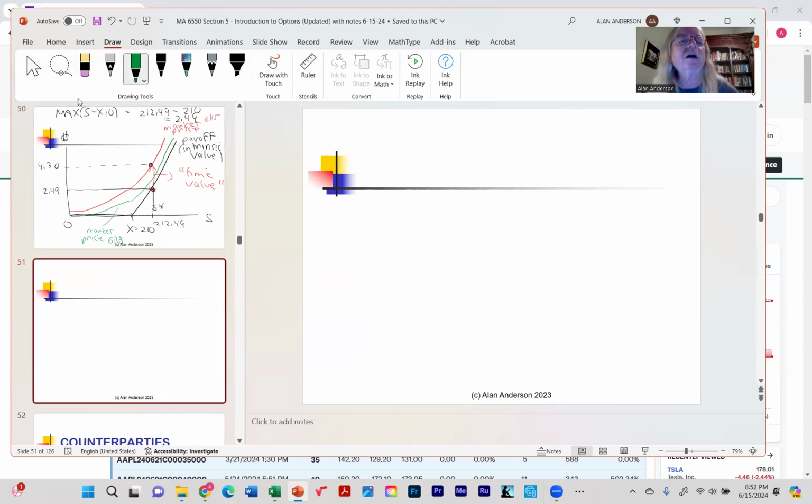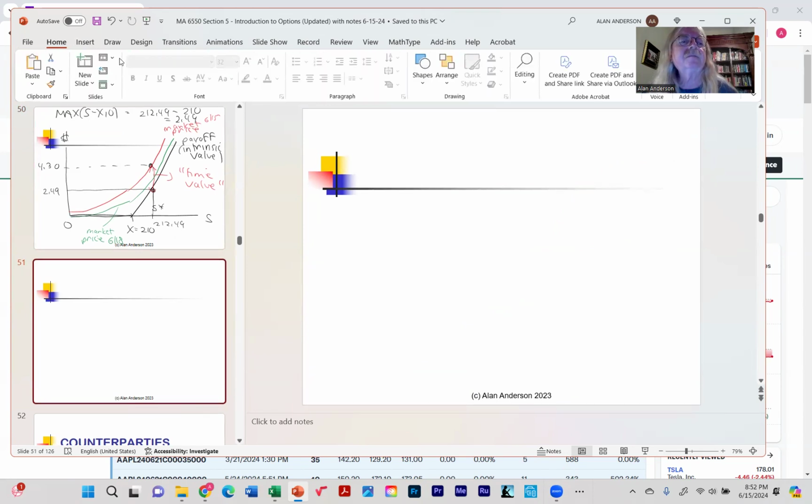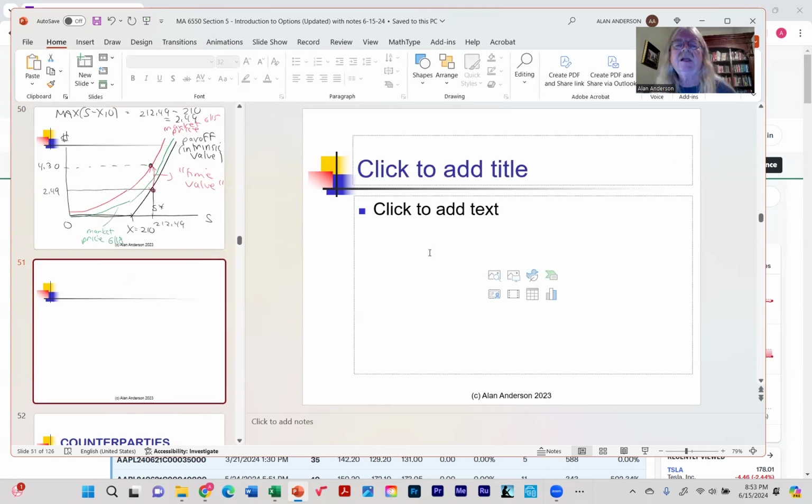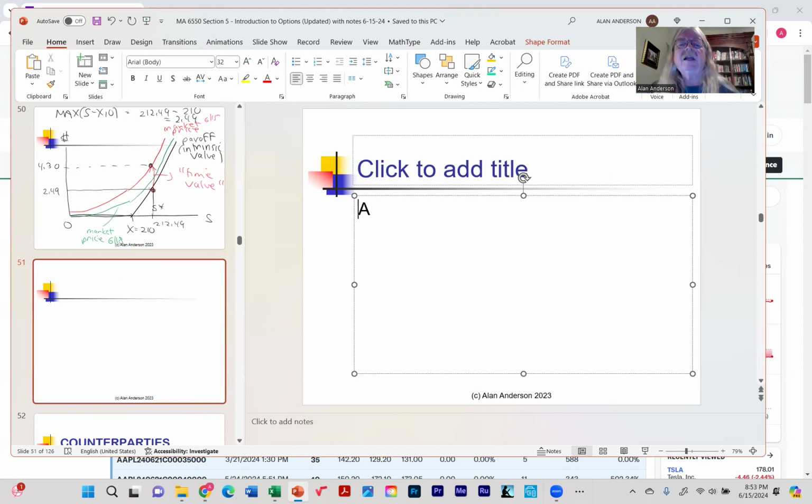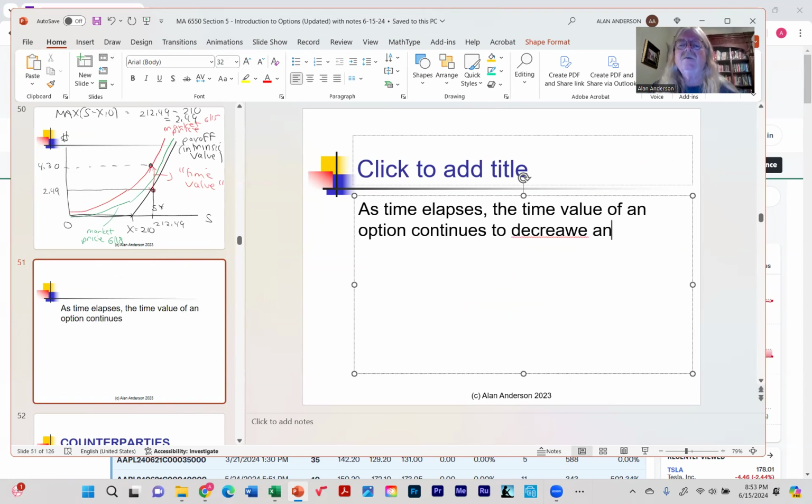Okay. So in other words, by the way, we will come back to this concept later on, this notion of time value. But as time elapses, the time value of an option continues to decrease and will be zero on the expiration date.